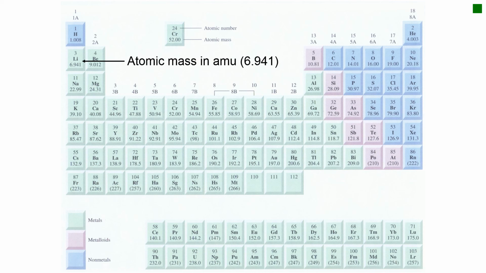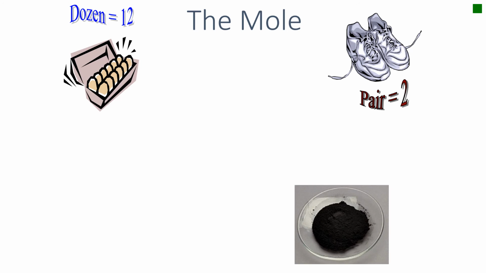And the reason 6.941 is not a whole number, as you recall, is that it's the weighted average. Although chemists will just call it the average weight. But you all know it's the weighted average. If you need a review on that, go back and review that module.